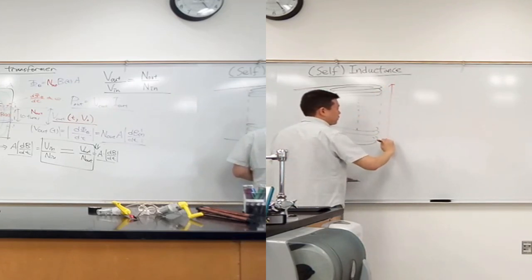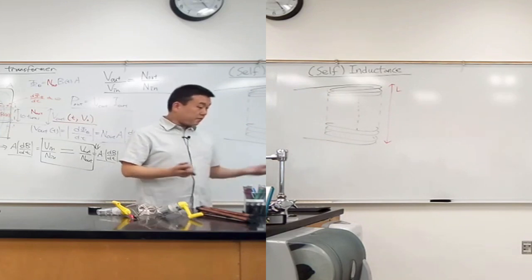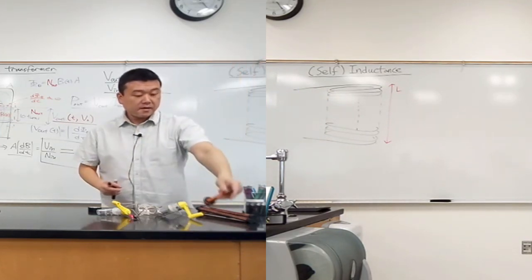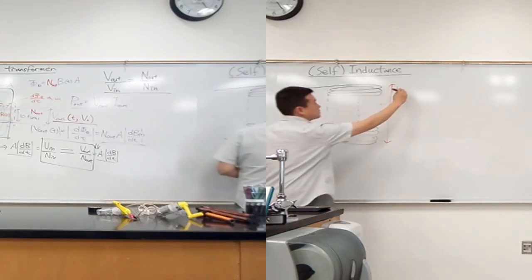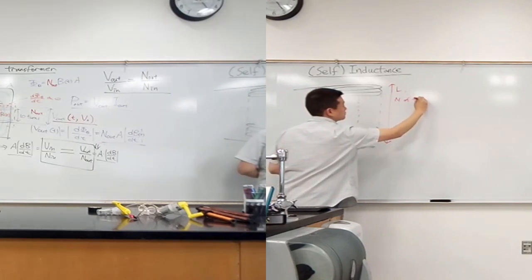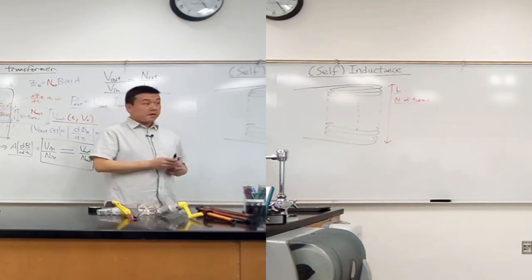So I'm not going to be dealing with an infinitely long solenoid. It's an actual, physical solenoid like this one, with some length and some number n of turns. These are the parameters of this solenoid.